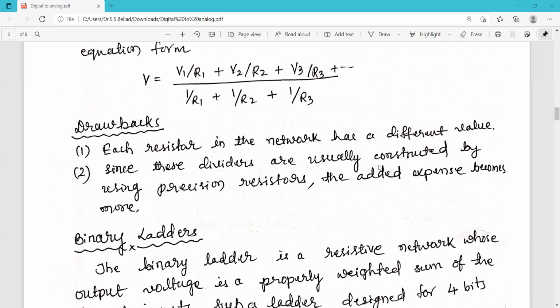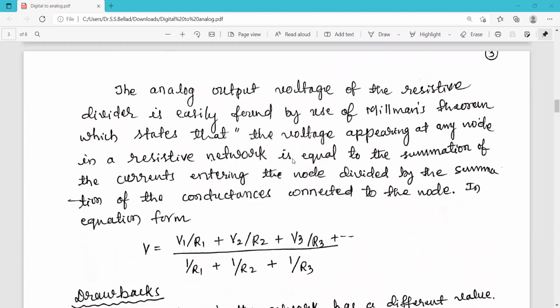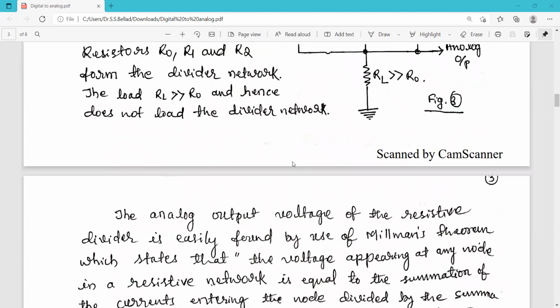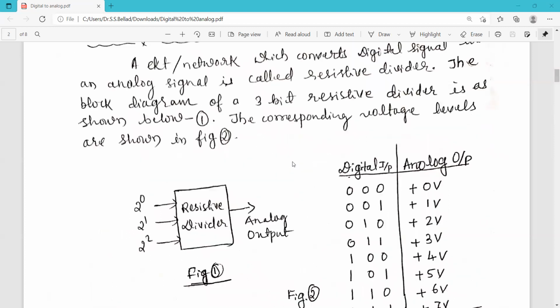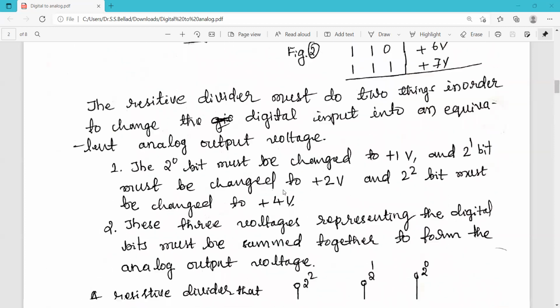That increases the expense of the circuit, and as we have to choose different values of resistors, the precision also becomes a headache. So these are the drawbacks of the resistive divider network.